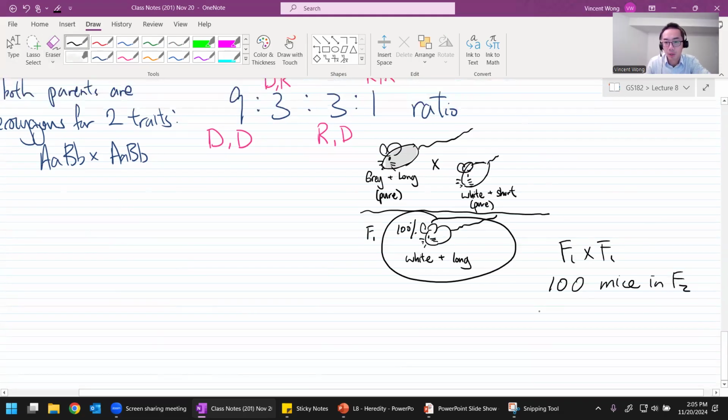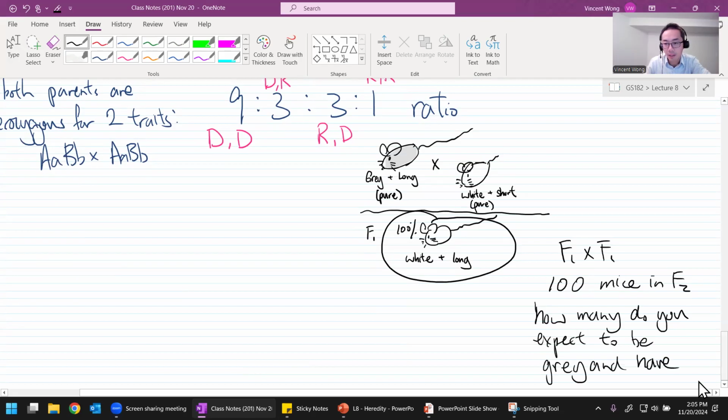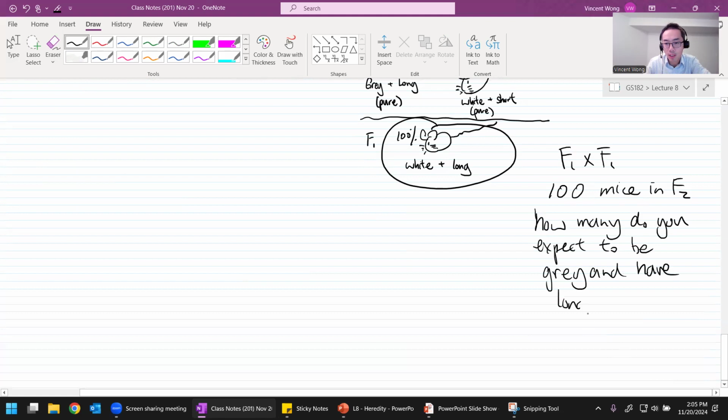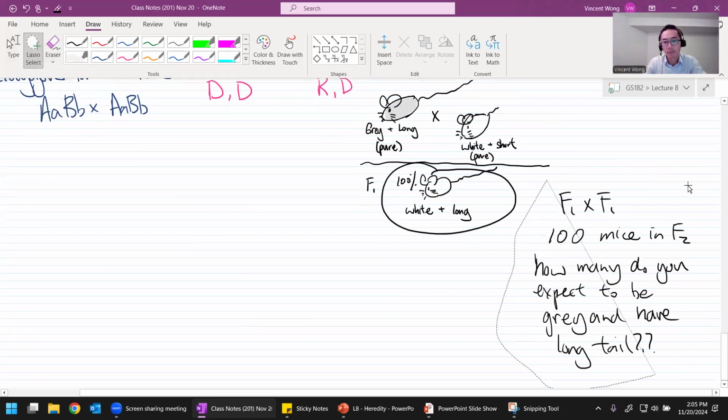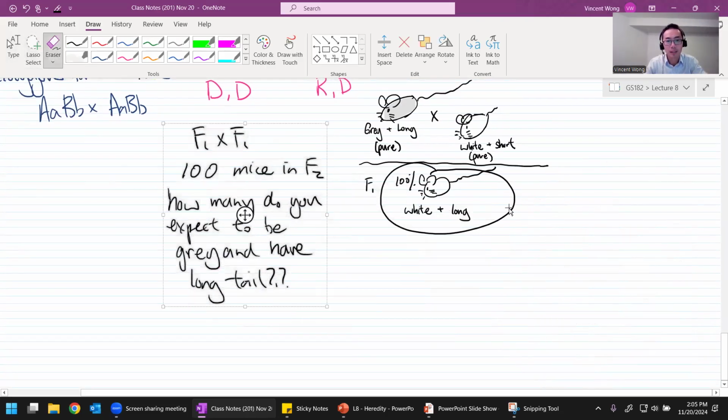How many do you expect to be gray and have long tail? That's the question. I'll put it over here.